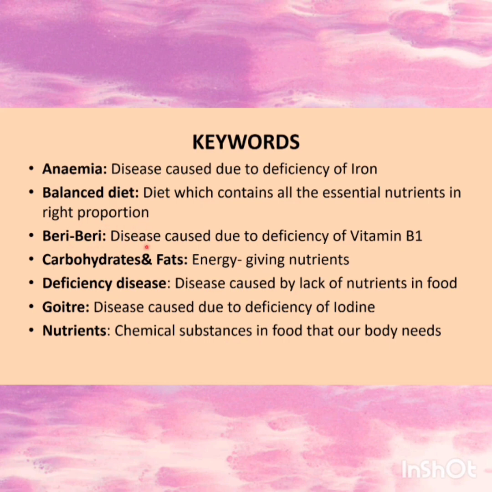Beriberi, disease caused due to deficiency of vitamin B1. Carbohydrates and fats, energy giving nutrients. Deficiency disease, disease caused by lack of nutrients in food. Goiter, disease caused due to deficiency of iodine. Nutrients, chemical substances in food that our body needs.